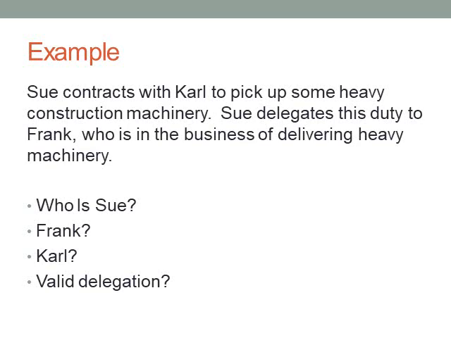And Karl is the one who has the right. Okay? So, is this a valid delegation? Sue contracts with Karl to pick up some heavy construction machinery. Sue delegates this duty to Frank, who is in the business of delivering heavy machinery. Is this a valid delegation? Yes, it is. Why would it be?